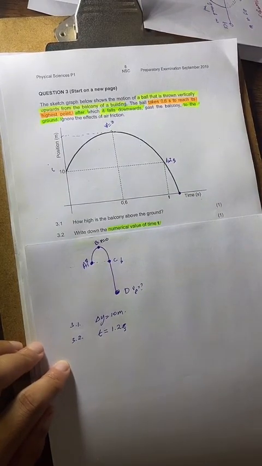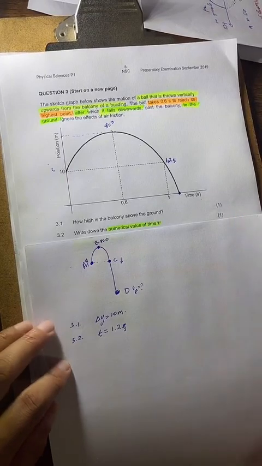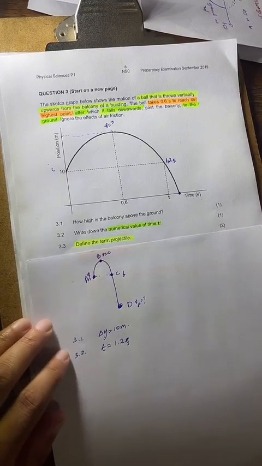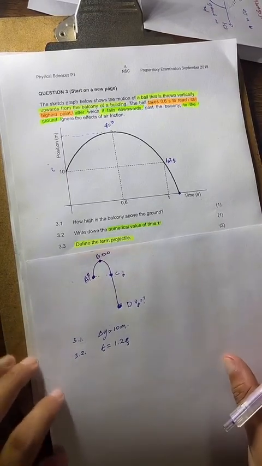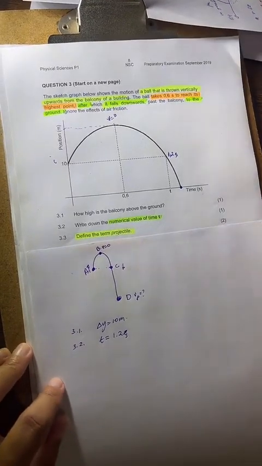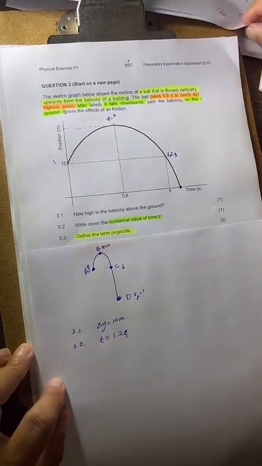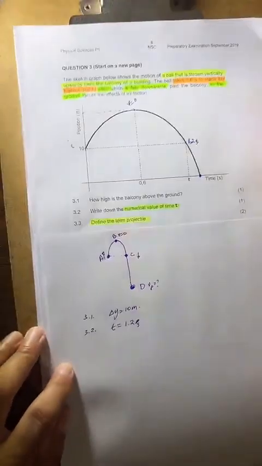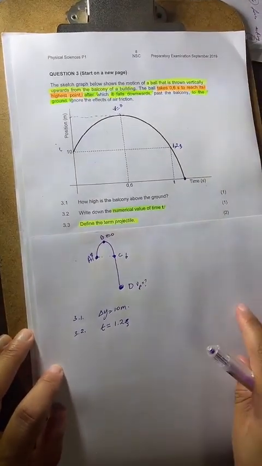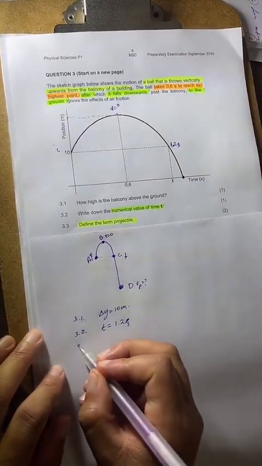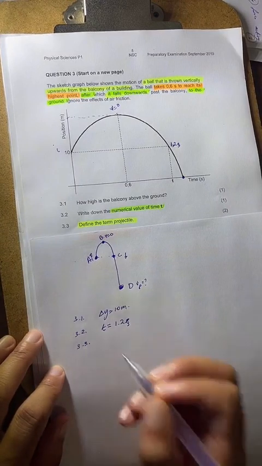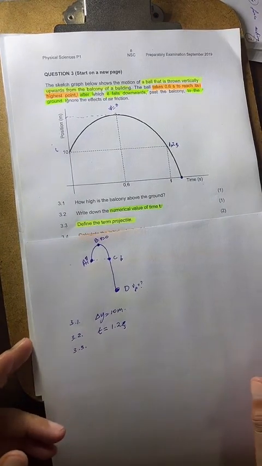Does it make sense? I believe it makes sense. Now let's move to the next one. This is my favorite definition. All definitions are my favorites. So define the term projectile. 3.3. Please try to define it for 2 marks.